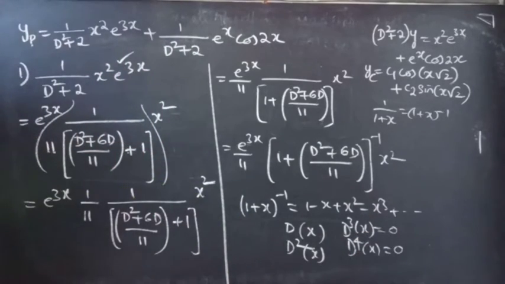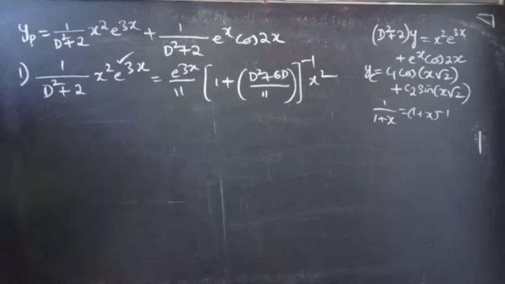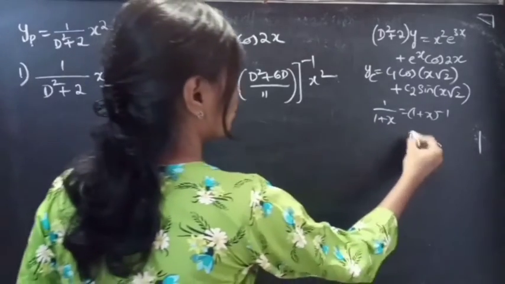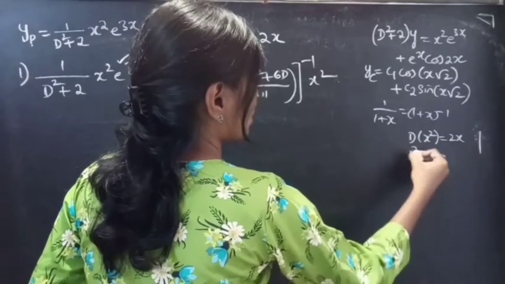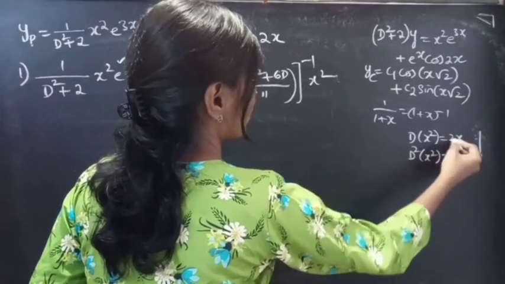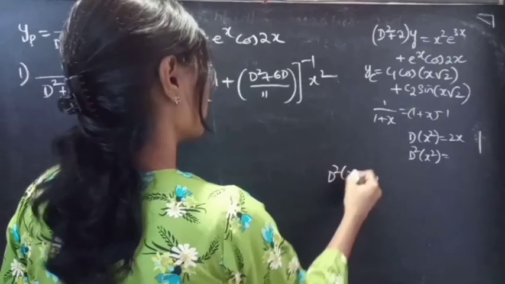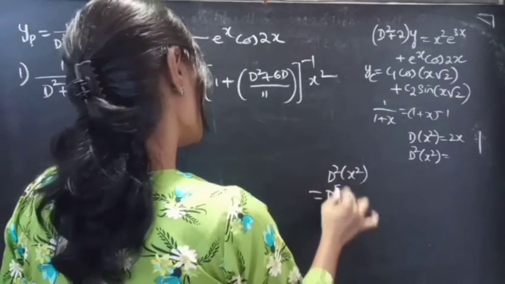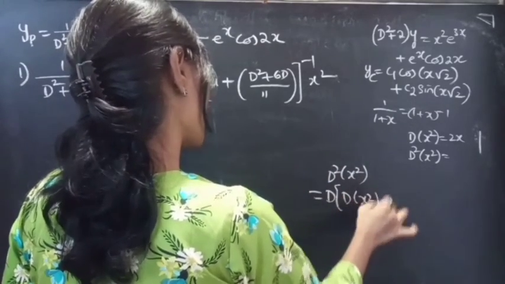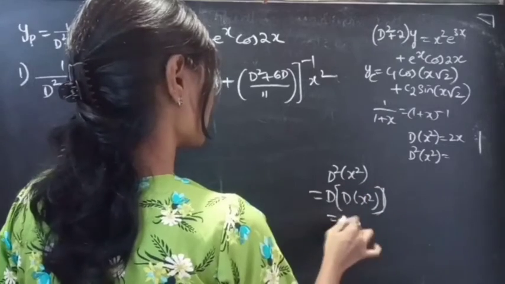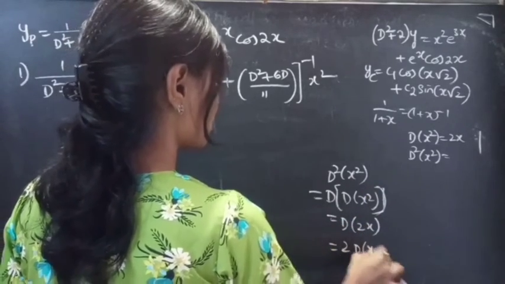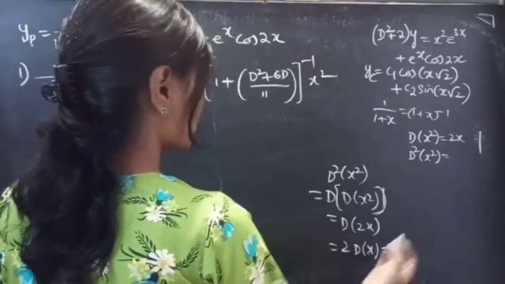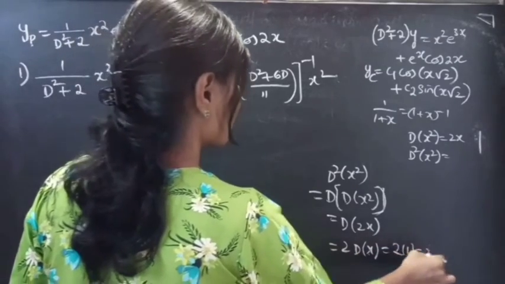We'll see this now. Let's find the derivatives of x square. Derivative of x square is 2x. D square of x square is derivative of derivative of x square. We have the value of derivative of x square, which is 2x, is equals to 2 into derivative of x, which is equals to 2 into 1, 2.